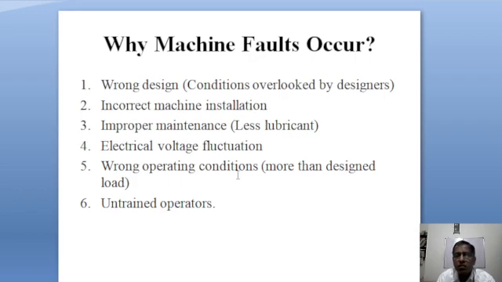Sometimes the machine is provided with a load more than the design load, and the machine is not capable of handling such high loads, and because of that the machine fails. Then untrained operators: the standard operating procedure of the machine is not followed, and because of that also the machine fails. So these are some of the reasons why machine faults occur.